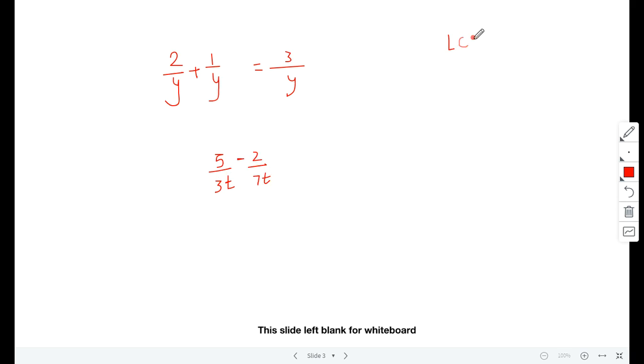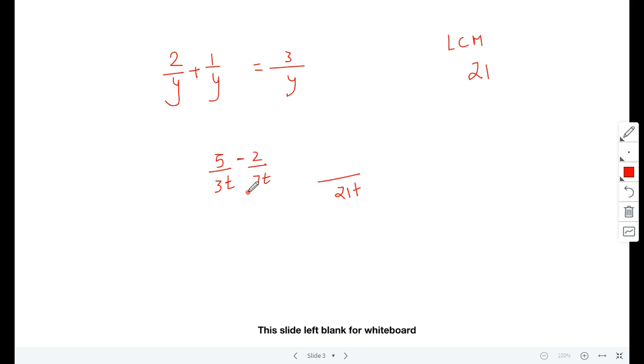That means we have to see the lowest common multiple that is easily divisible by 3 and 7, and that's 21. Okay, so write 21t in the denominator of this.